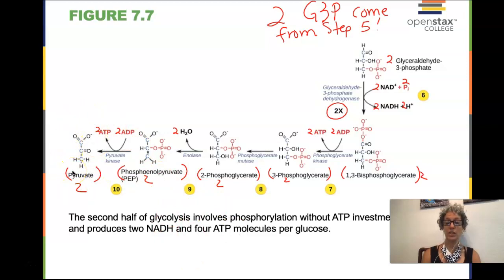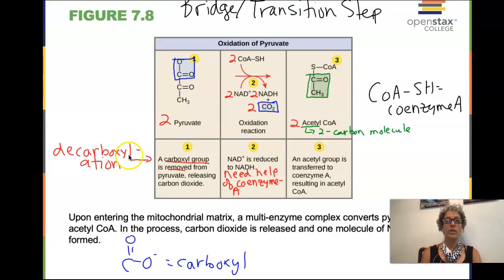We have to continue oxidizing these carbons, removing the hydrogens in order to complete cellular respiration. So we get from our pyruvate in what's called the bridge or transition step. We're going to take both pyruvates and carry out a decarboxylation.